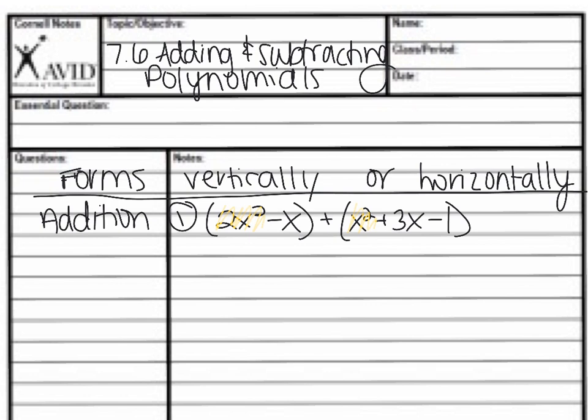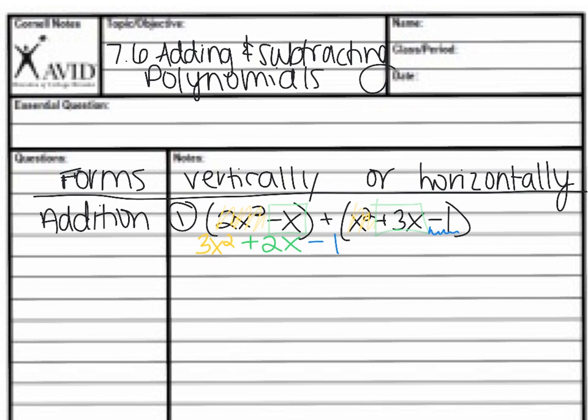So 2x squared plus x squared is 3x squared. Now I'll look for my x's. So I have a negative x and I have a positive 3x. So when I put those together, I should have positive 2x. And then finally at the end, I have a minus 1.